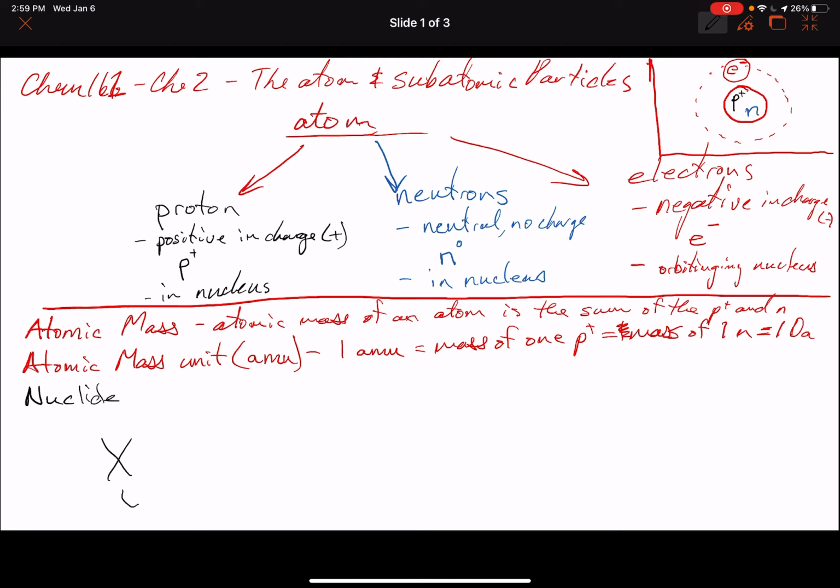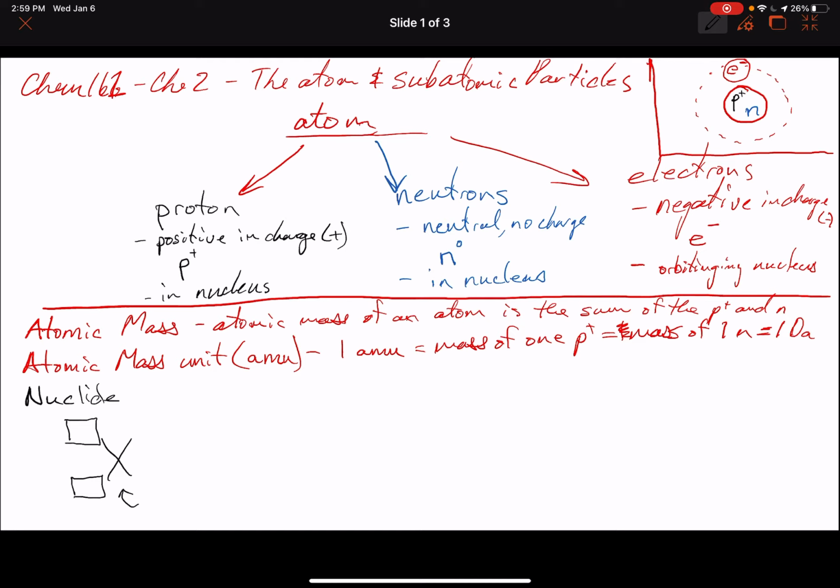We'll show an example of what X is in a moment. We're going to position some information up in this area as well as in this area, on the left-hand side, as superscript or subscript.